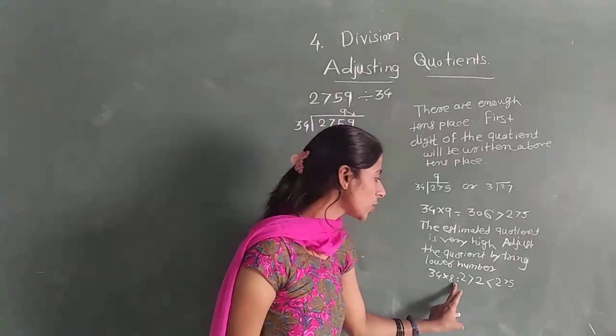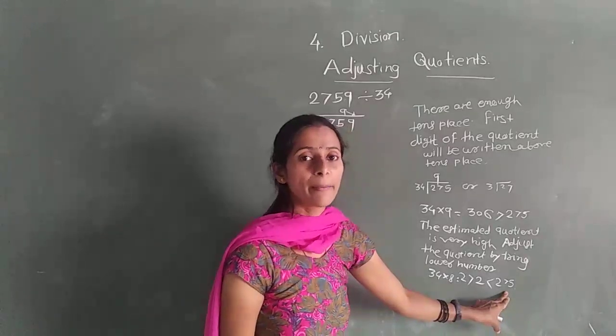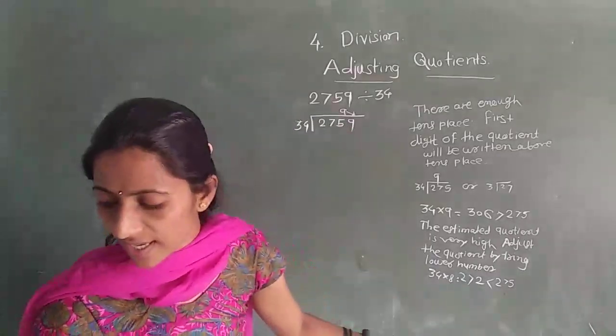So 34 into 8 is equal to 272, which is less than 275. So your adjusted quotient is 8.